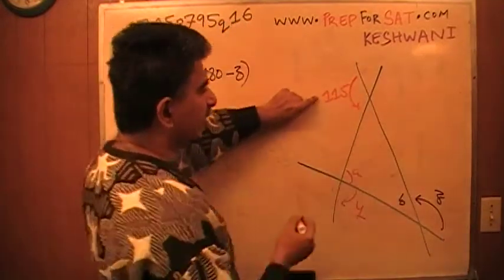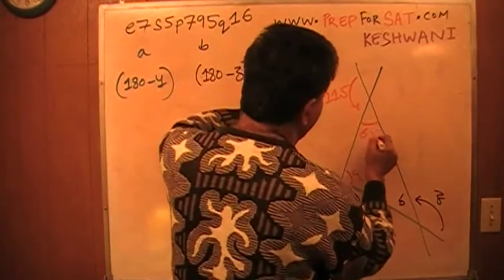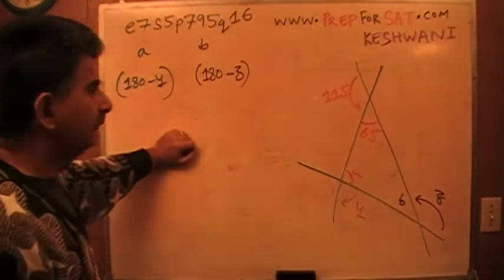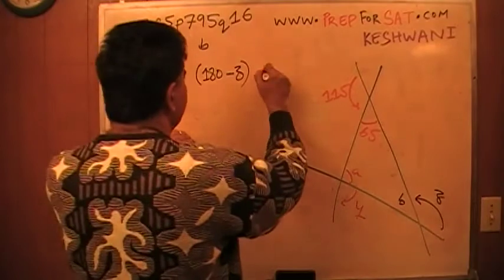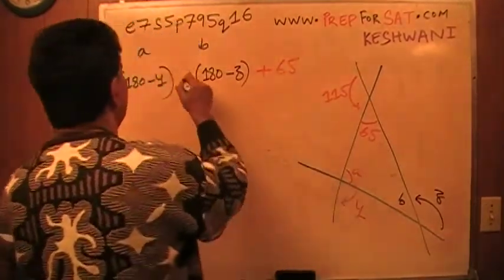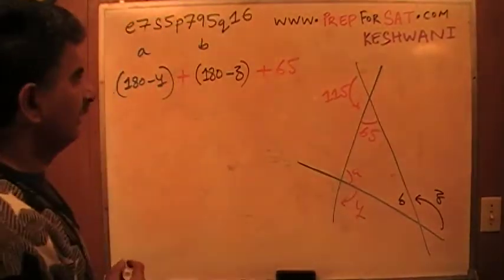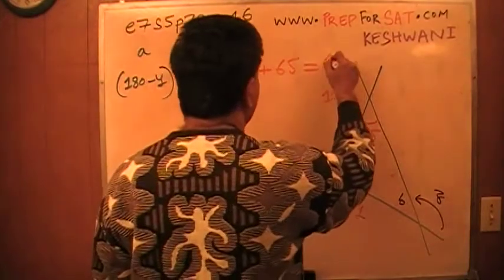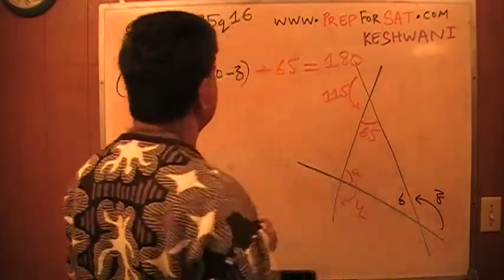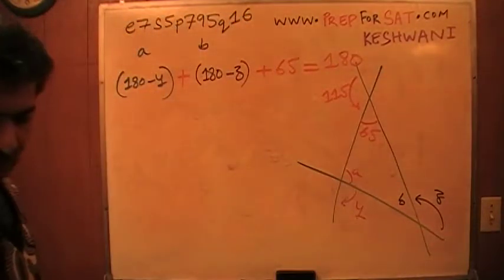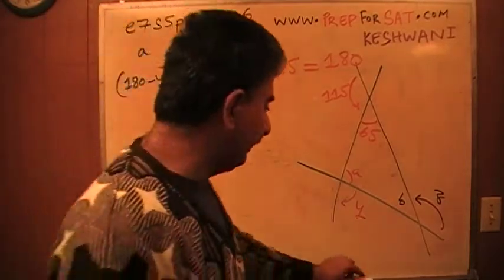If this is 115, this missing angle has to be 65, obviously. So the sum of these 3 angles has to be 180. And all they're asking you is, what is the value of y plus z?